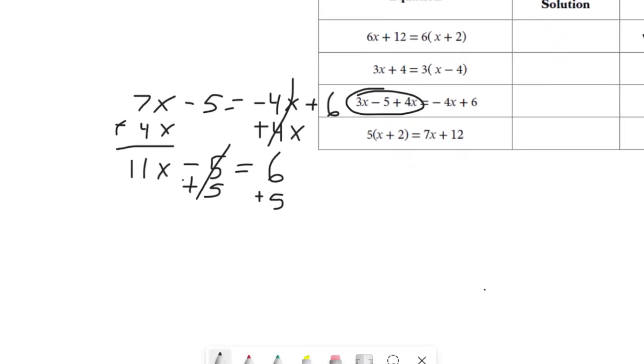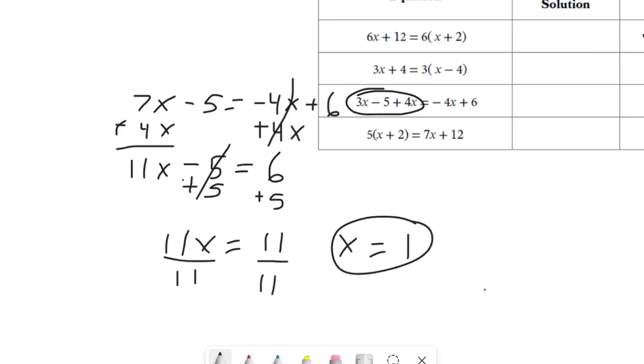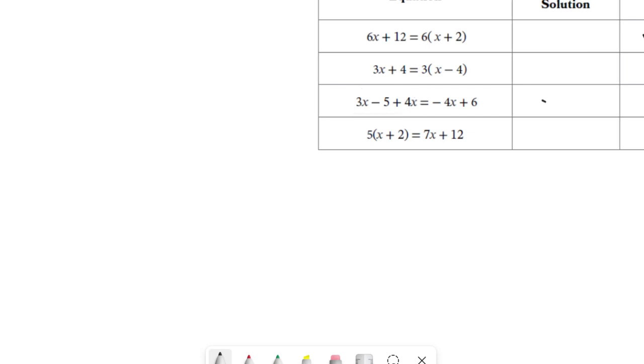I'm left with 11x equals 11. And then if I divide both sides by 11, I will get x equals 1. So there's actually just one solution for this. Remember, there's one solution if the linear terms are different and the constants are also different.